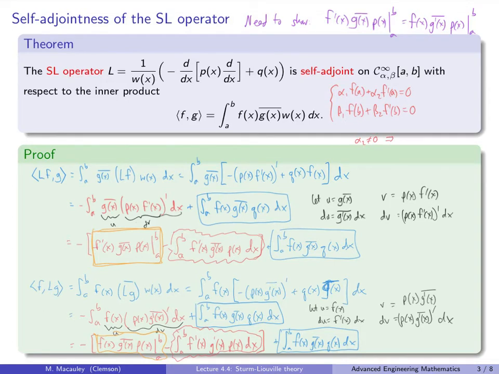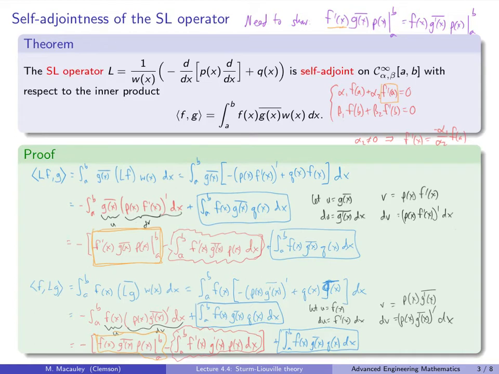Then what we can do is solve for f prime of a, and we can say that f prime of a equals negative alpha 1 over alpha 2 f of a. And then up in here, every time we have an f prime of a, when we plug this in, we're going to get 6 terms, right?